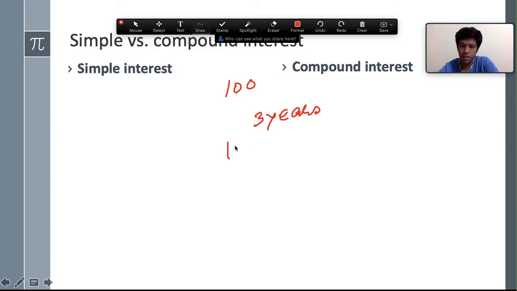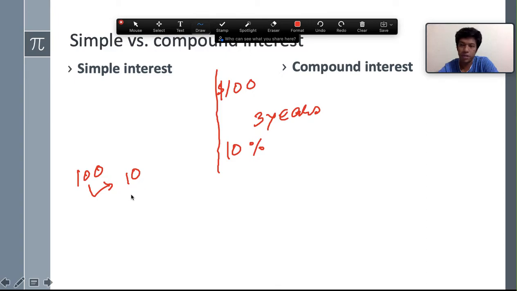Let's say the company said that they will give you 10% interest. So you had $100, you invested it for 3 years, and the company will give you 10% interest. Looking at it normally, 10% of $100 means that by the end of the first year, they will give you $10 extra.